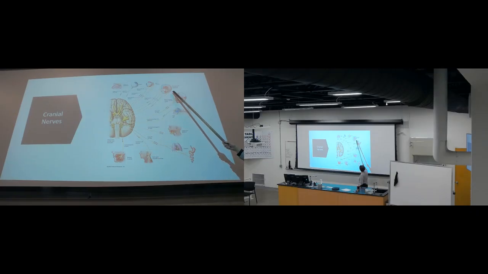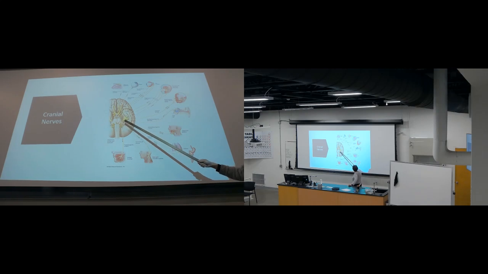And it has motor information and sensory information that is found in the face. And then for cranial nerve number 6, which is the abducens, which would be, it's not labeled here.